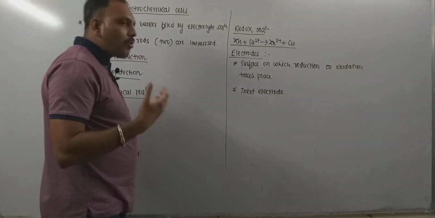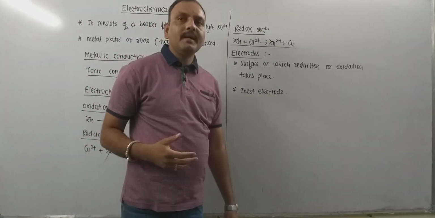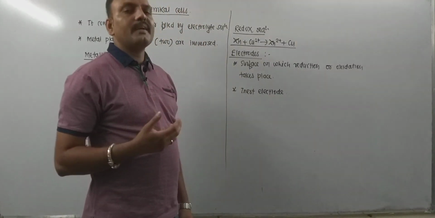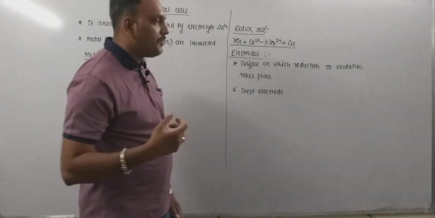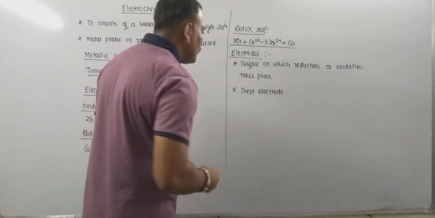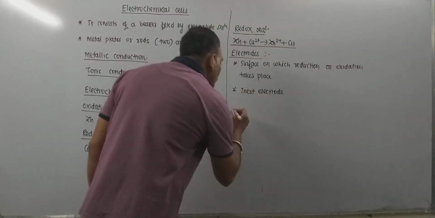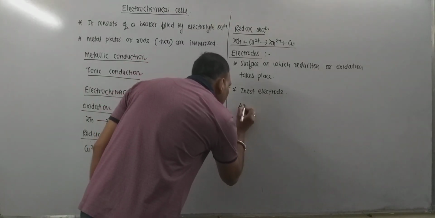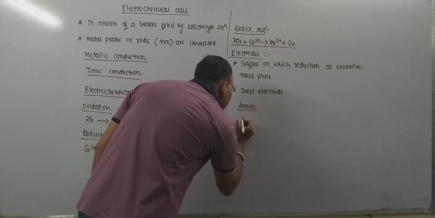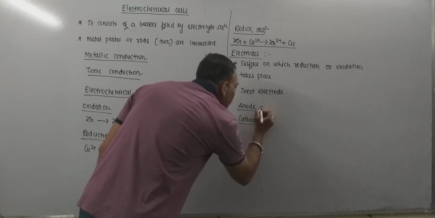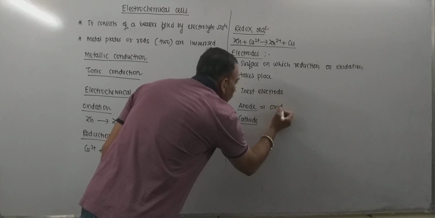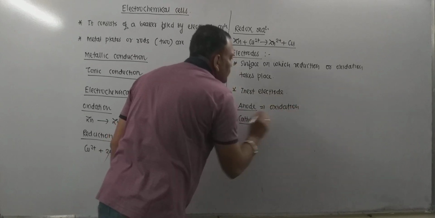Now, electrodes can be classified on the basis of the reaction taking place at that very electrode. So on the basis of reactions, electrodes can be classified into two types. One anode and the other cathode. Now remember, anode is the oxidation half cell.